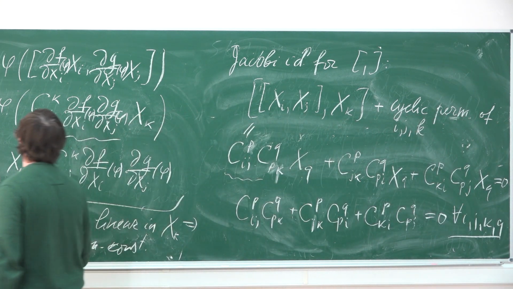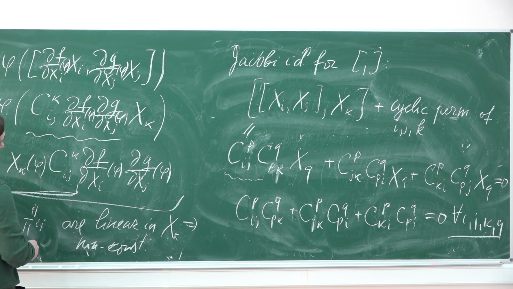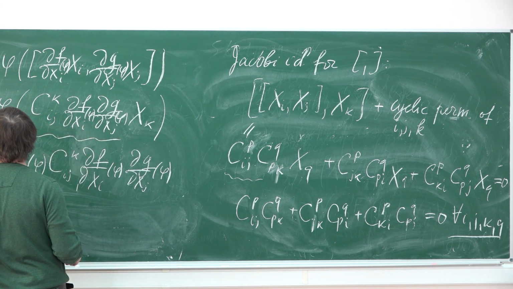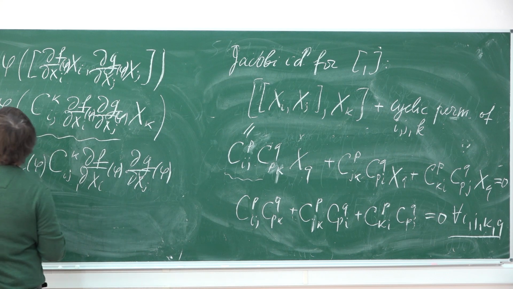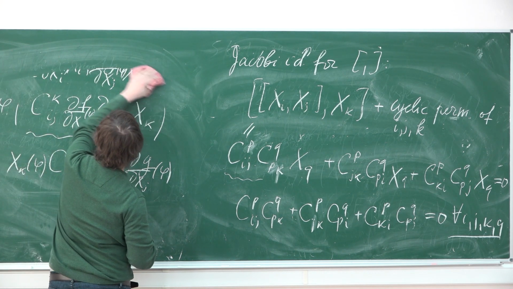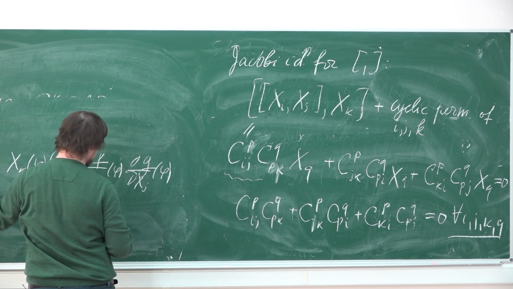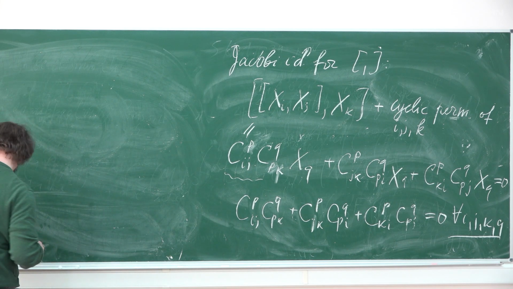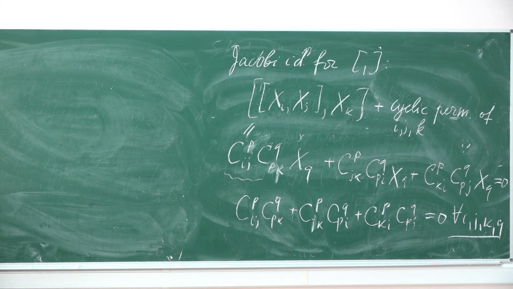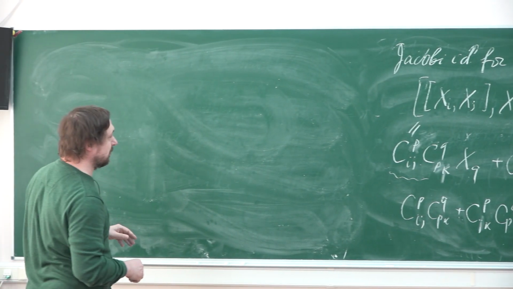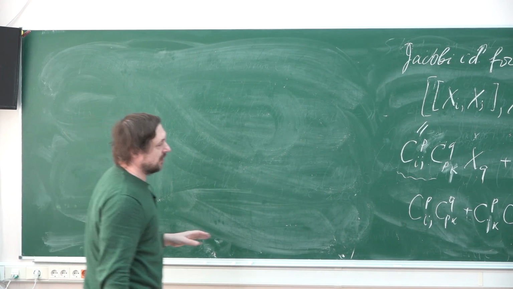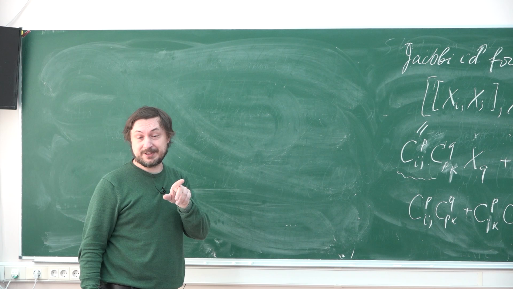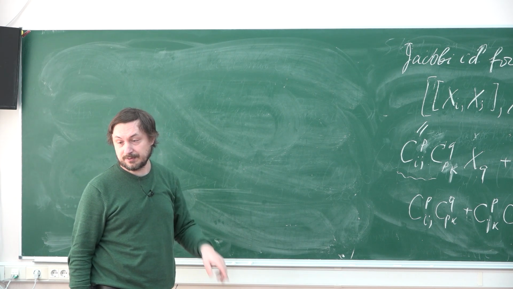Right. Now we return here and try to write down the coefficients of the double Poisson bracket. Sorry, of the Jacobi identity. I leave it for a while without proof that the only coefficients which will survive eventually are coefficients which contain first partial derivatives of f, g, and h in the formula.